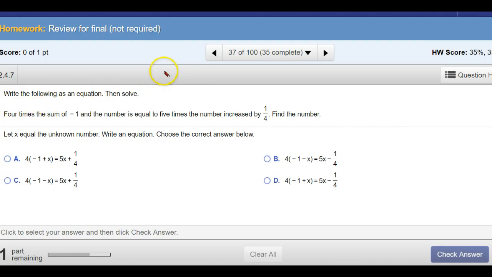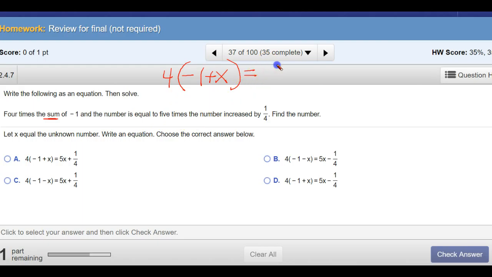Four times the sum of negative 1 and the number. As soon as we see the word sum, we have to include that within a parenthesis. So this is a sum. So that's what I have so far. Is equal to, that's pretty straightforward.